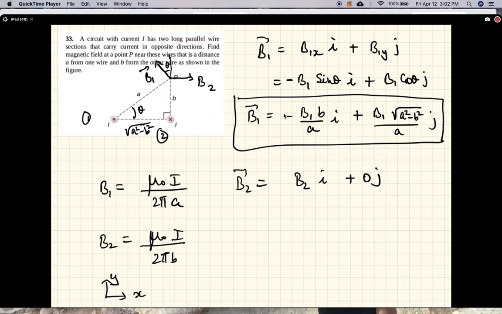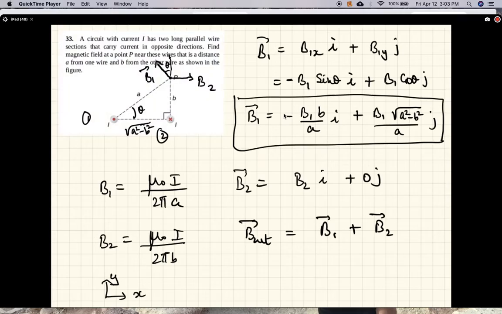So the net field at P is just B1 plus B2. Let's add these.